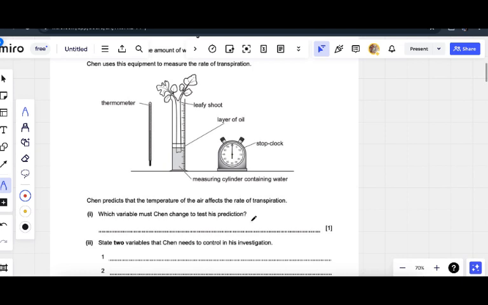What should Chen change in order to test his prediction? You know, the factors: temperature is one of them. Temperature affects the rate of transpiration. Humidity affects the rate of transpiration.